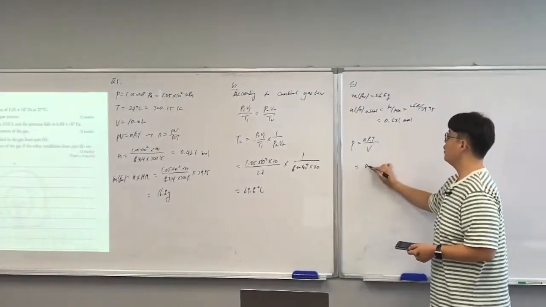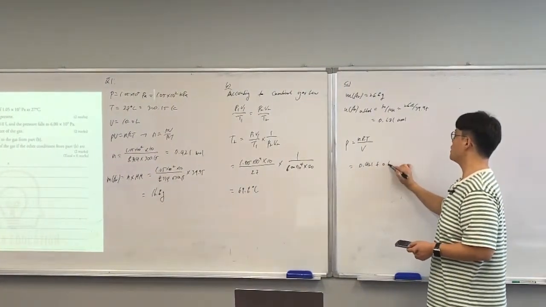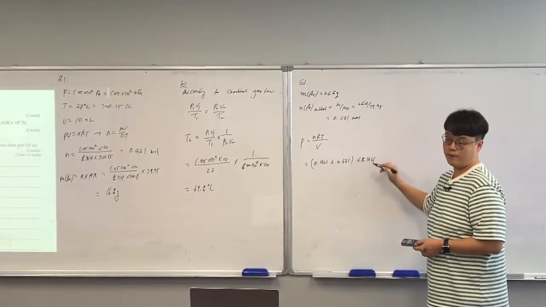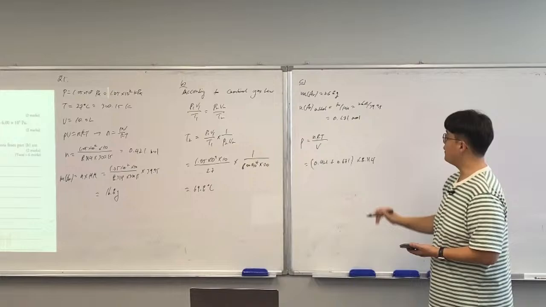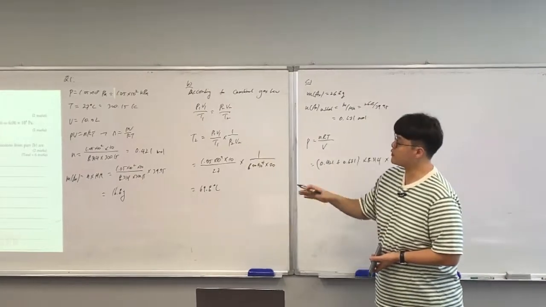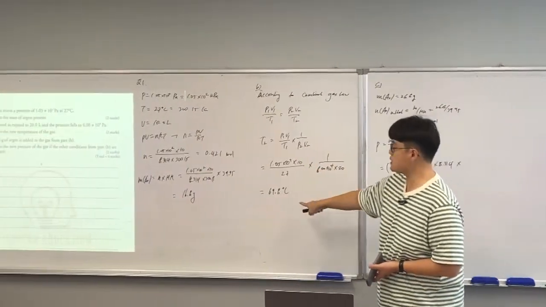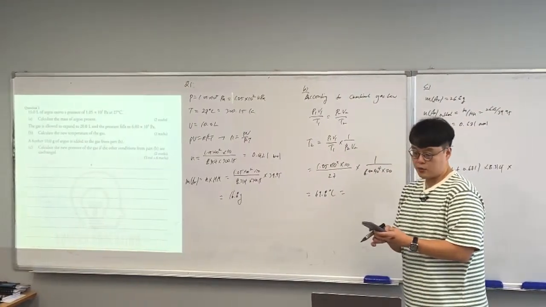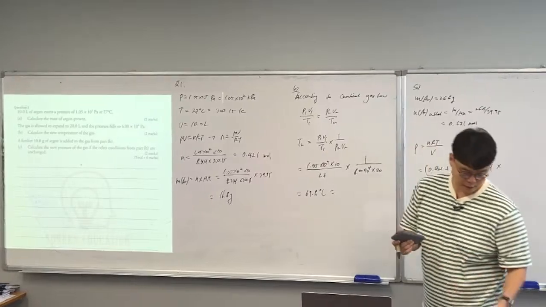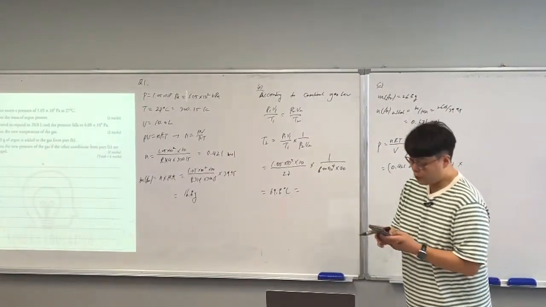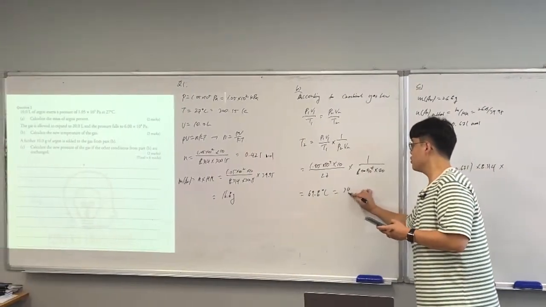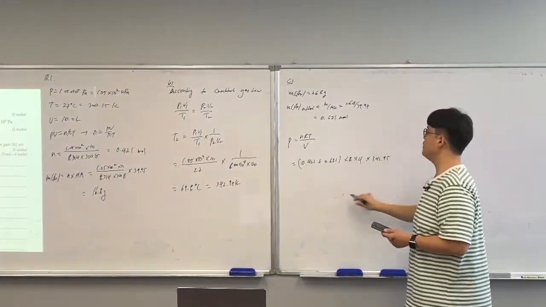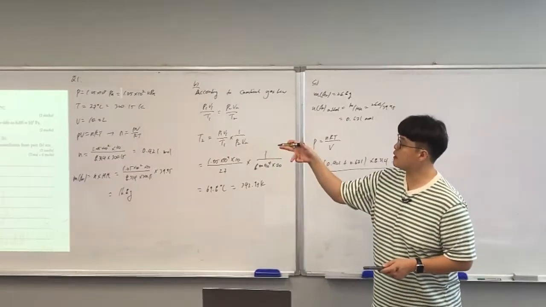So n would be 0.421 plus 0.671 for the total number of moles, times 8.314, and then times the temperature. The temperature we found in question B is 69.8 degrees Celsius. Convert that: 69.8 plus 273.15, you'd get 342.95 Kelvin. So times 342.95, divided by the volume, which is now 20.